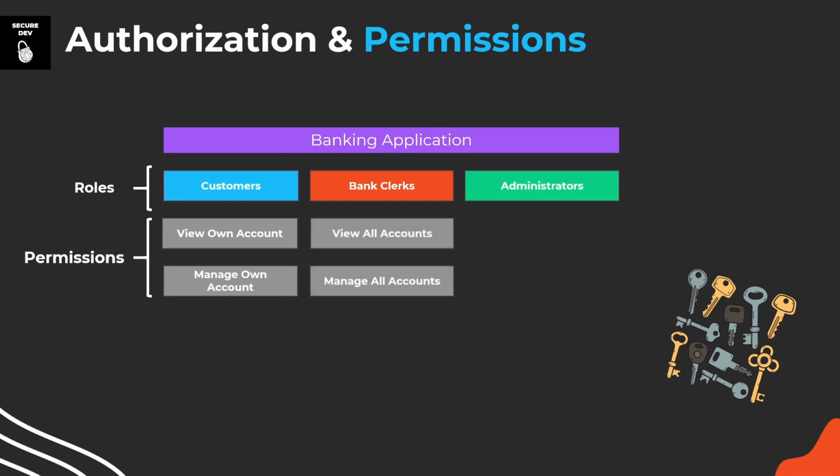A bank clerk would need access to view and manage multiple customer accounts, and an administrator might have the ability to modify system settings but may not have permission to view or manage customer accounts for privacy reasons, for example. And this illustrates the convenience and efficiency of working with roles and permissions.